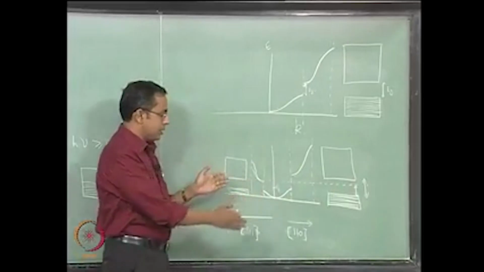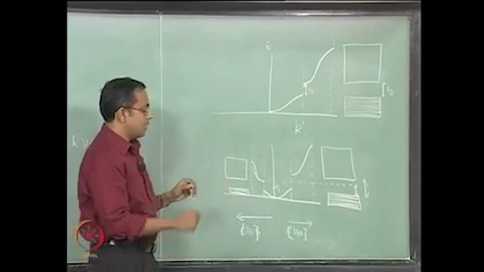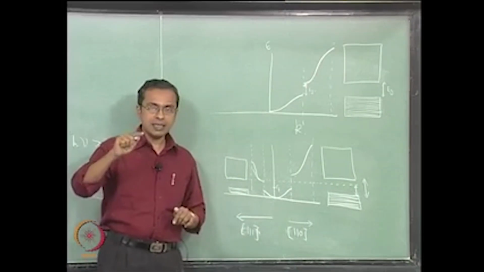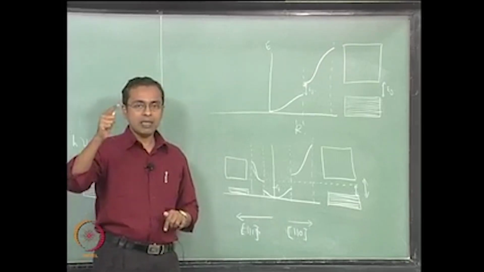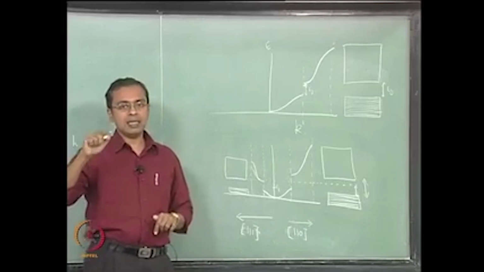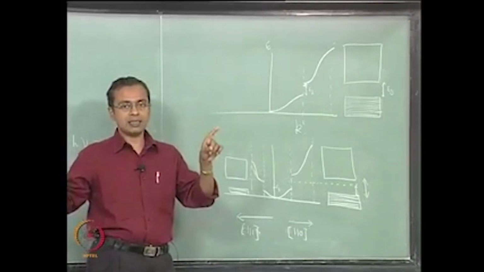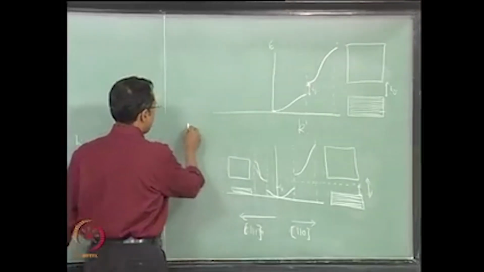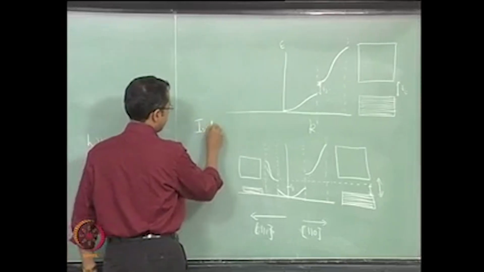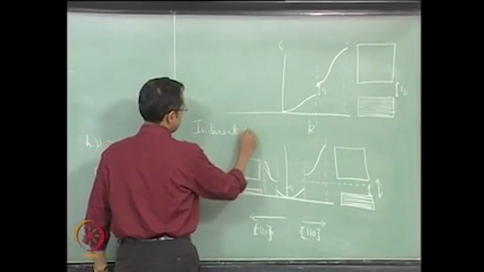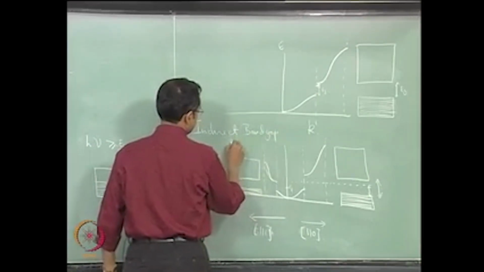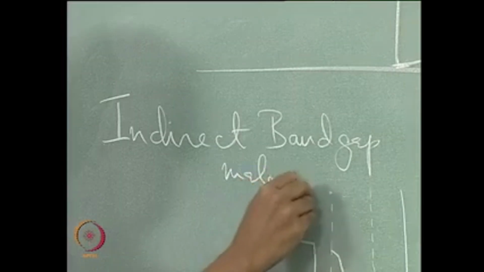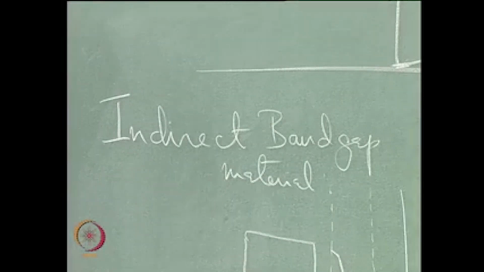When you have such a situation where the highest energy that is occupied in K space and the next available lowest energy that is vacant in K space are in two different directions, then that is called an indirect band gap material, or in this case an indirect band gap semiconductor.